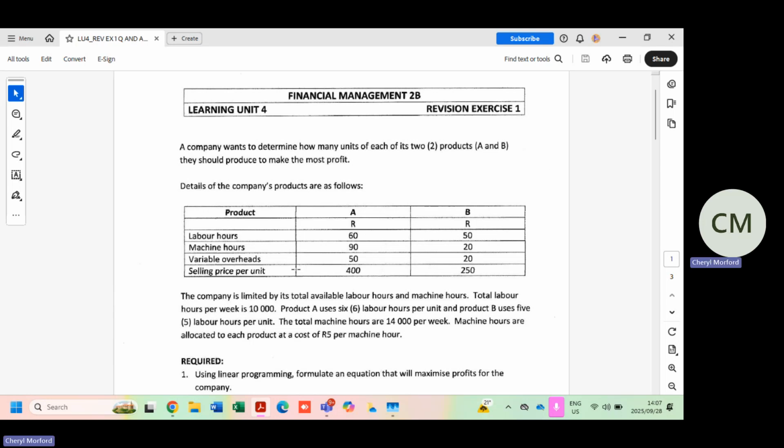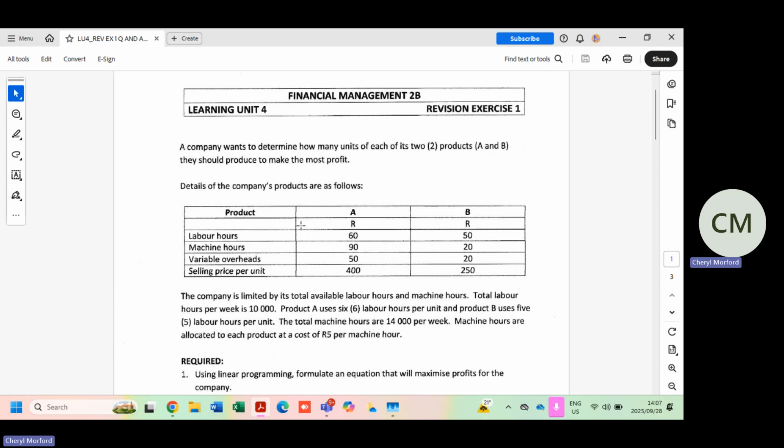Whereas in Learning Unit 5, we answer the same problem, but we solve it differently when we have only one limiting factor. So that is Learning Unit 5, and the method is called contribution margin per limiting factor. But for now, let's deal with the linear programming aspect of it.